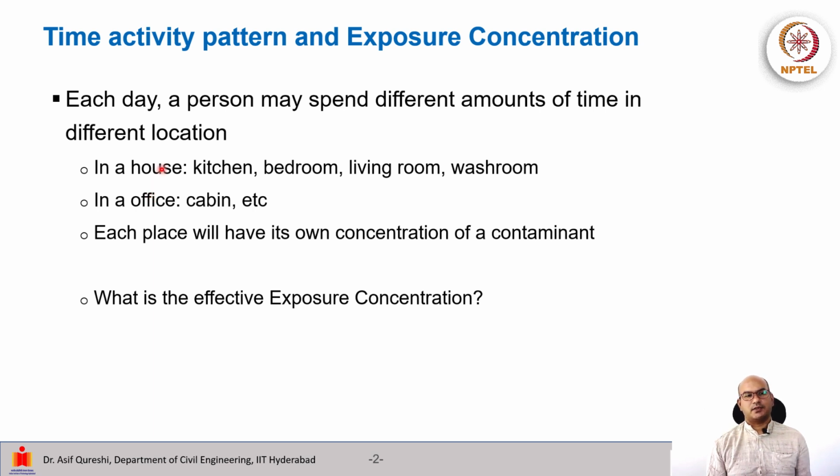Now within these locations there are also sub-locations. For example, we have our house. In the house we can have a kitchen, a bedroom, a living room, a washroom, and a dining room.